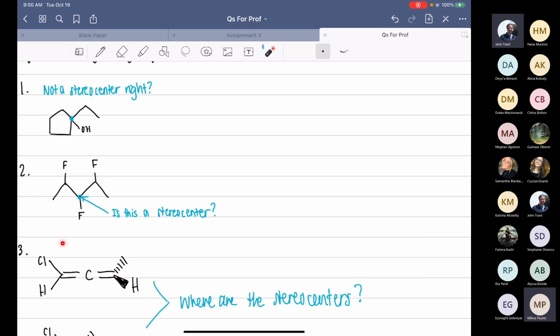Okay, and then for number 2, this is something that I saw in the textbook, and they didn't clarify if this center fluorine or carbon attached to the fluorine is a stereo center. I'm not sure whether it matters, like, if this was hashed and this was out of the page, would that make a difference? You're absolutely right. It depends.